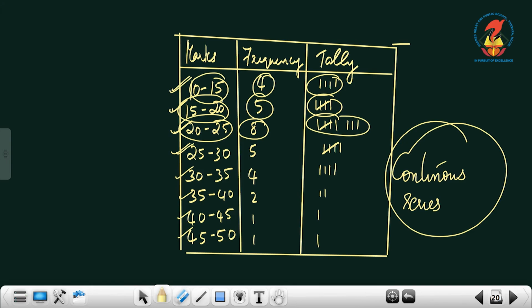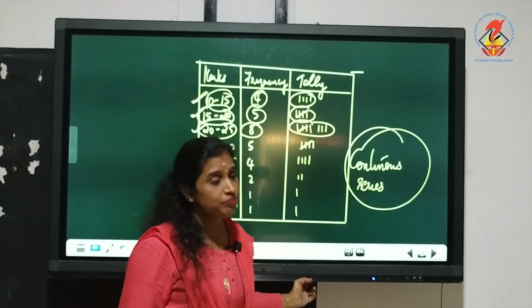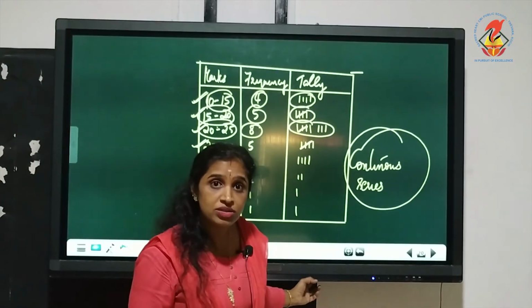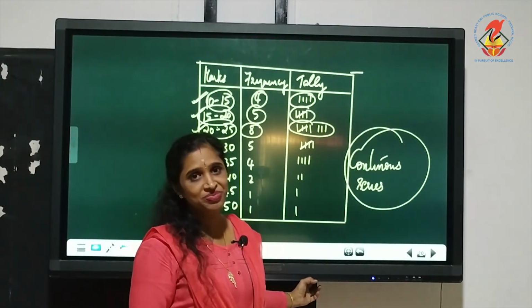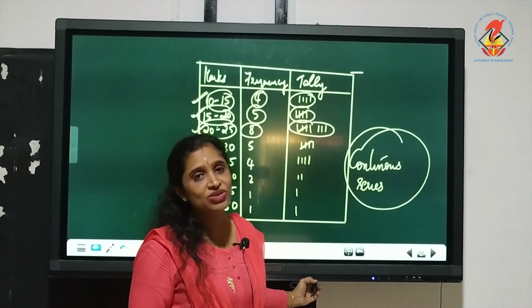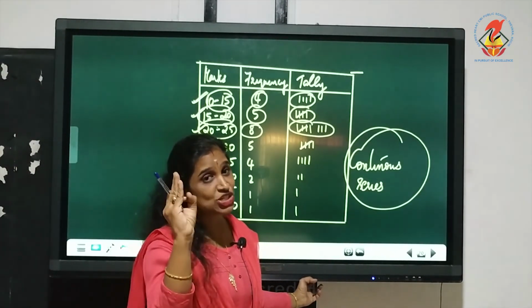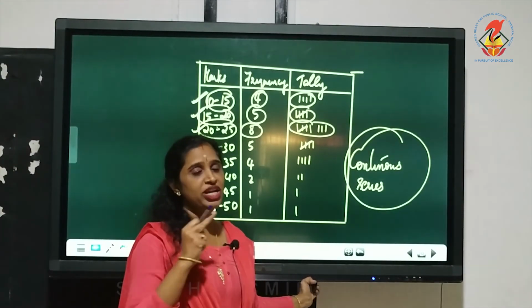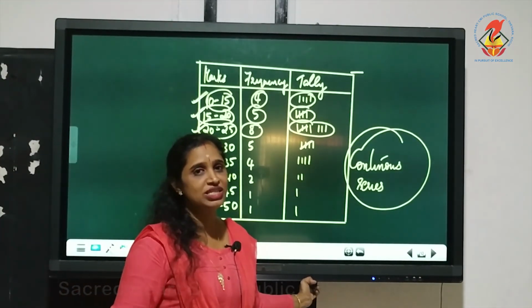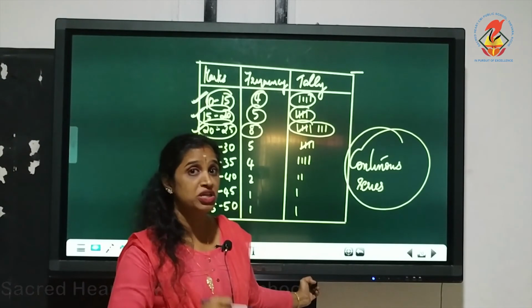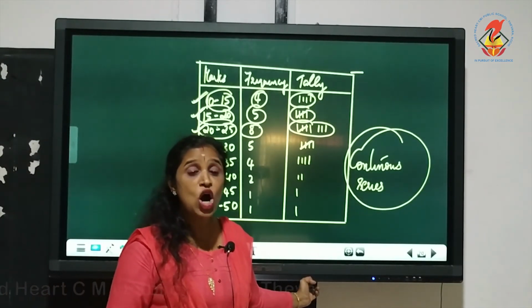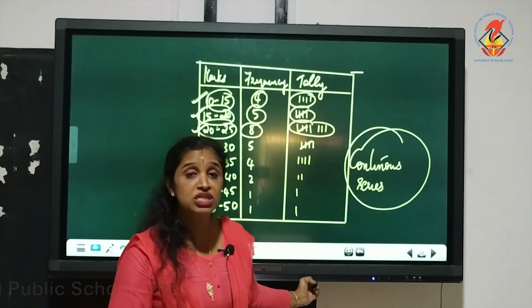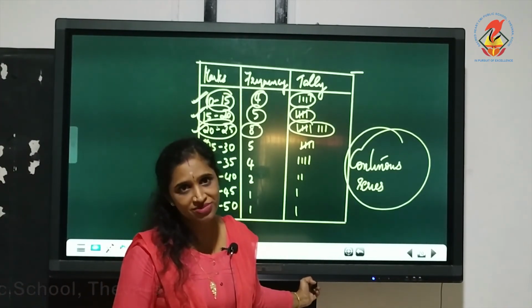But there is a problem here. If you ask me how many students have secured marks 21, I cannot answer, because exact values are not given here. Instead, a range of values is given. Between 20 to 25, 8 students have secured marks, but I don't know how many students have secured 21 marks or 22 marks or 20 marks or even 25 marks.